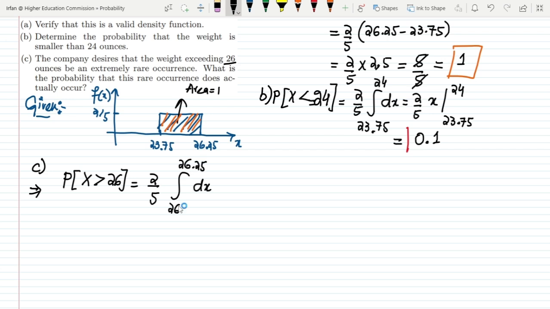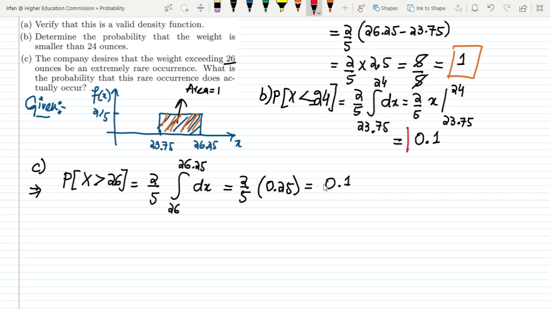Now again calculating it and finding the probability, this would be 2 by 5 multiplied by x evaluated at the ranges. From it I will get 26.25 minus 26, so here we will get 0.25, and finding it out we will get 0.1, which is a very rare case because of the probability we have here.